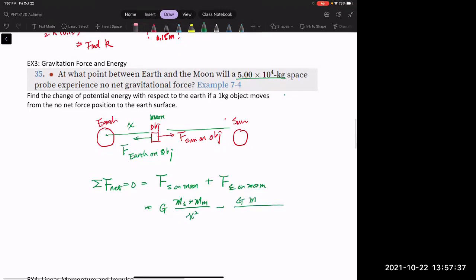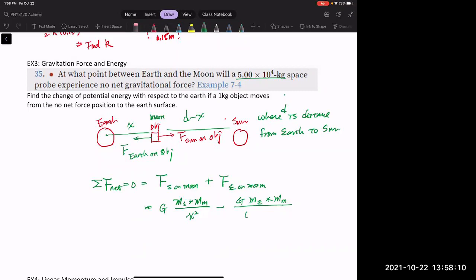This will be G again. This will be the mass of the Earth instead of the sun, multiplied with the mass of the moon. Then you're going to divide by the sun distance minus x, where d is the distance from the sun to the earth, or earth to the sun.